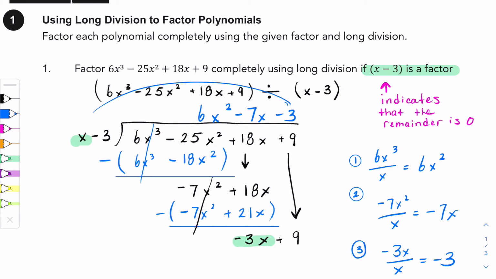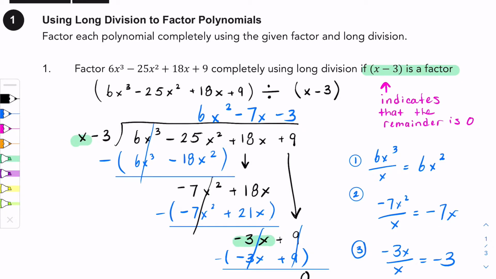Negative 3 is multiplied by both terms in the divisor. Negative 3 times x is negative 3x. Negative 3 times negative 3 is positive 9. We need to subtract both of these terms. Negative 3x minus negative 3x is 0, and 9 minus 9 is 0.